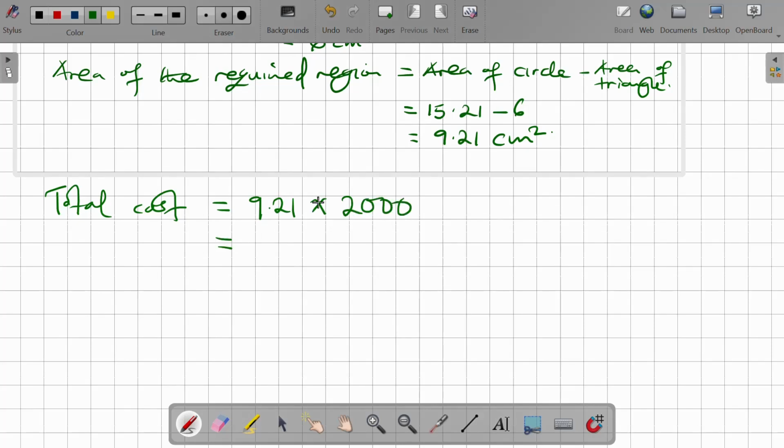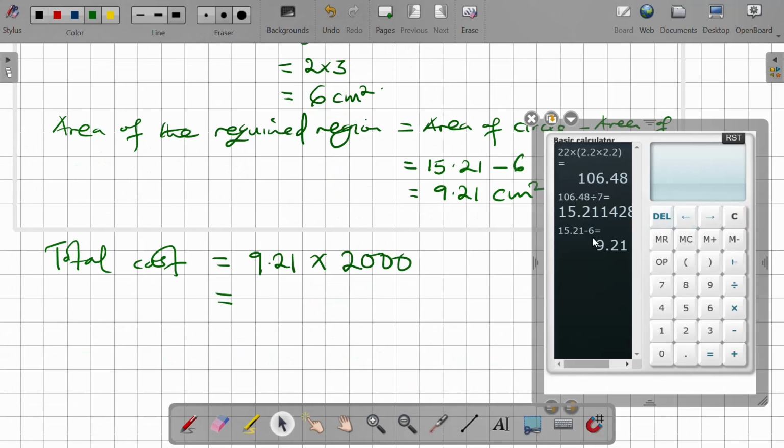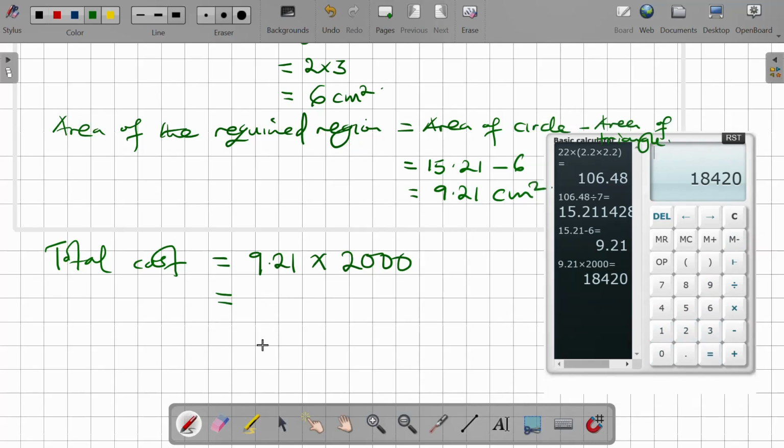So we bring a calculator here. We are going to have 9.21 multiplied by 2,000, giving us the amount as 18,420.